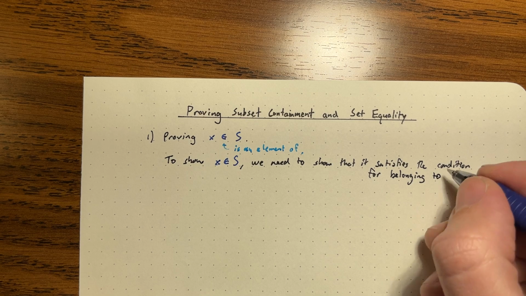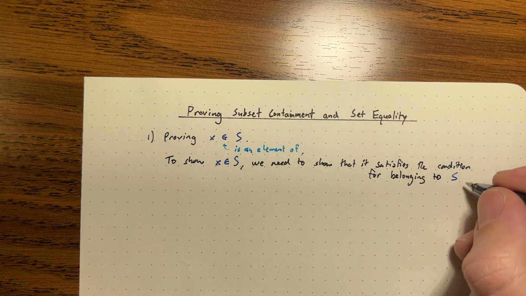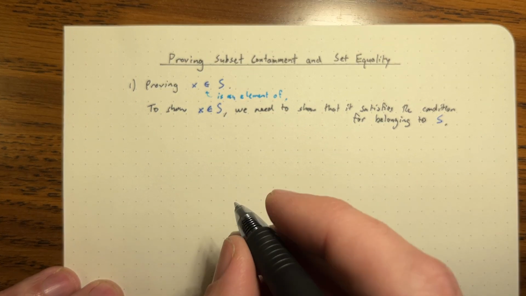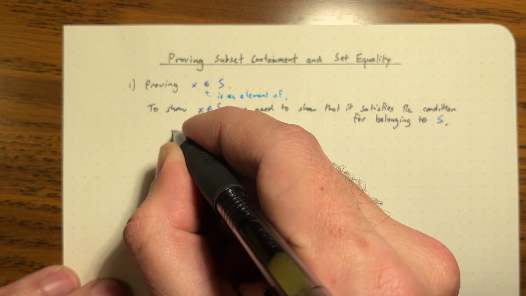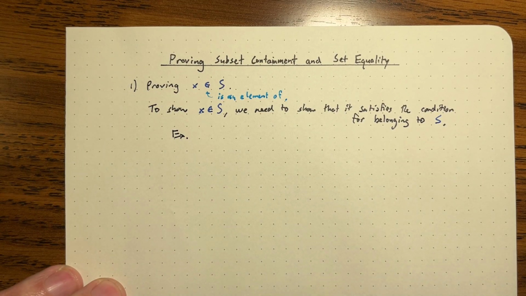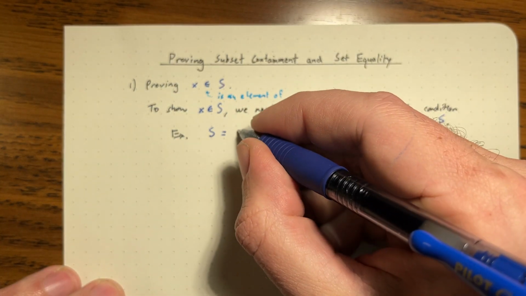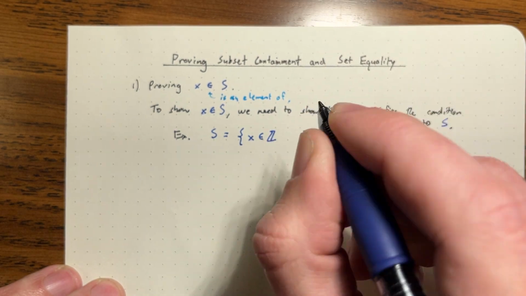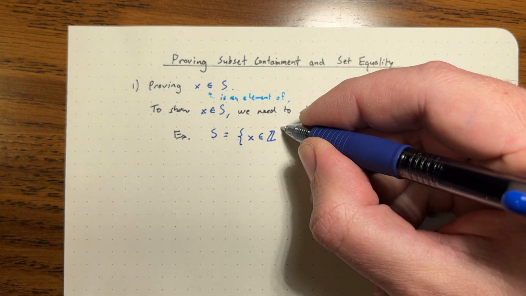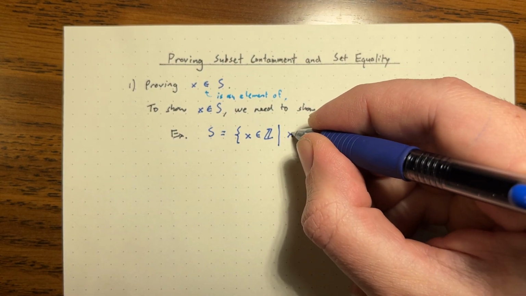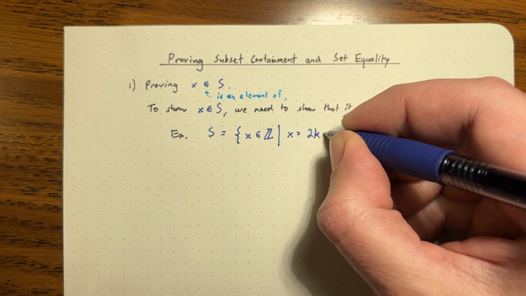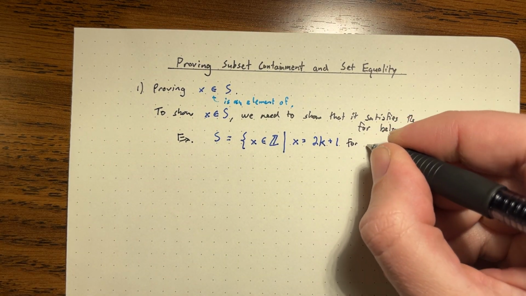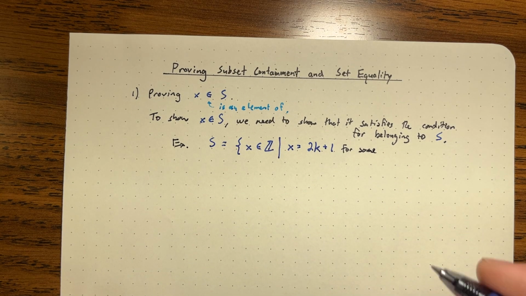And you might recall we had what was called the set builder notation. So a lot of sets are defined in terms of the set builder notation. An example of that would be, let's let S be the set of x in Z, so all integers, such that x is of the form 2k plus 1 for some integer k.